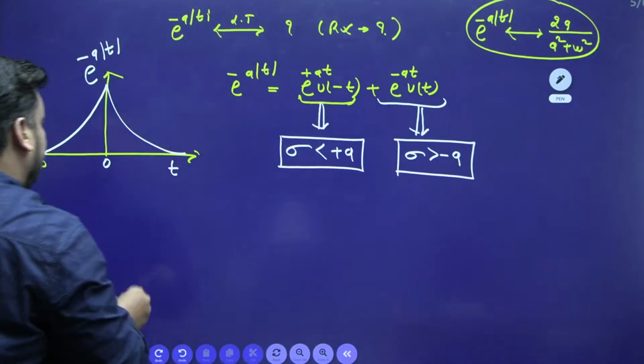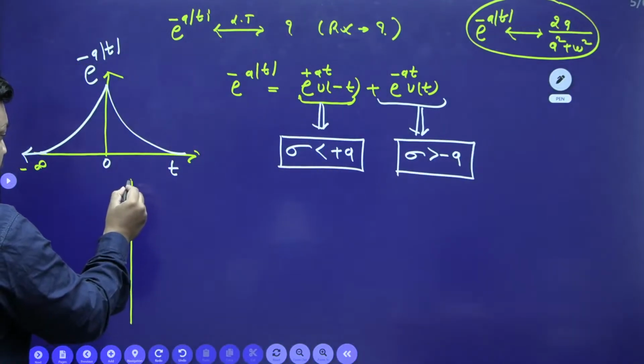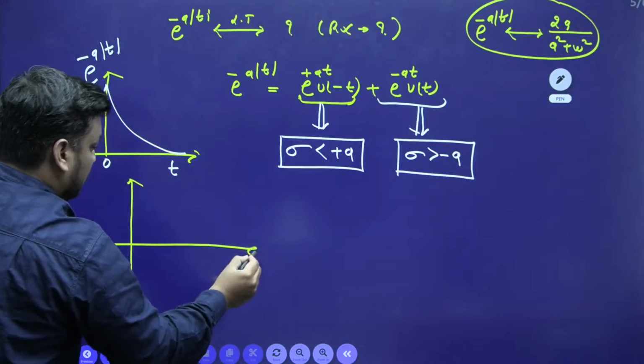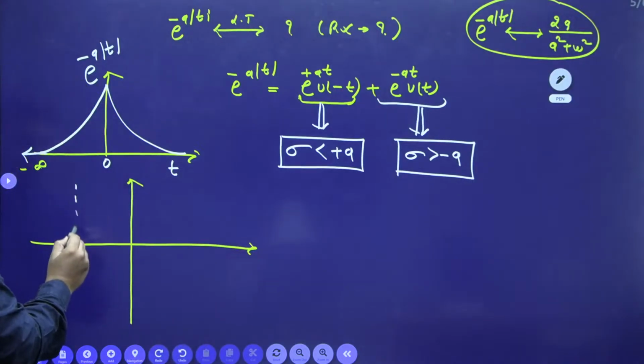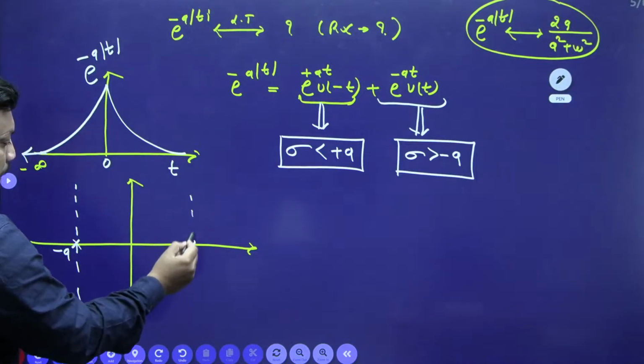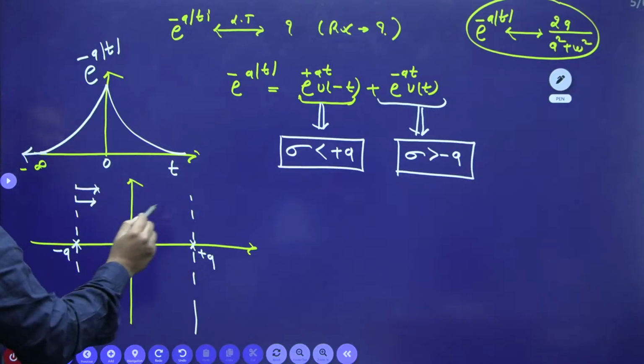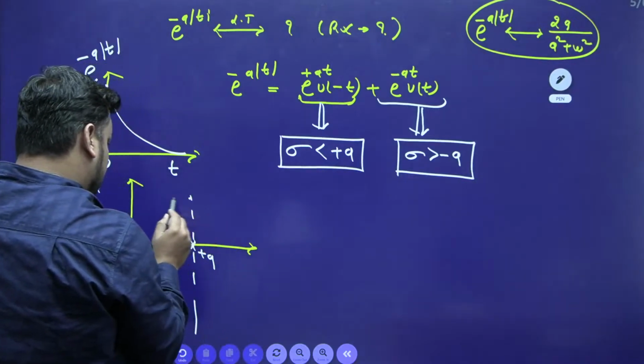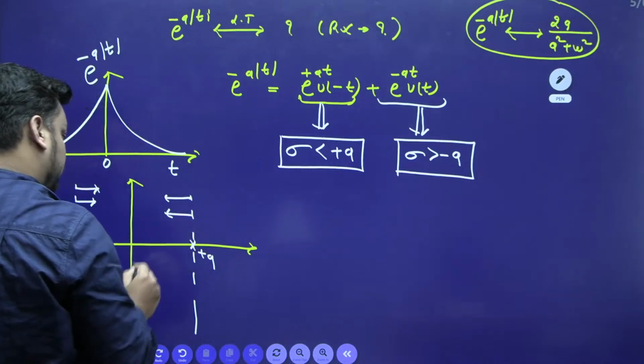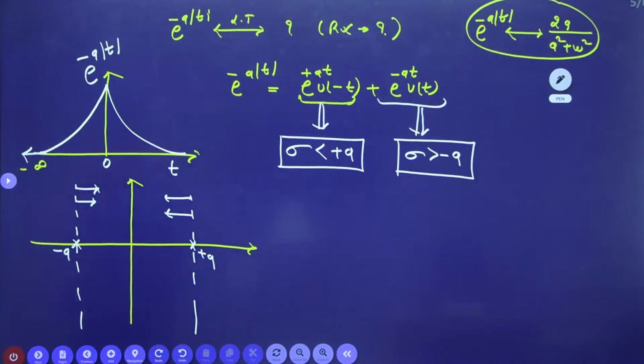If I make the S-plane diagram, one pole is at minus a and one pole is at plus a, and the ROC is sigma greater than minus a and sigma less than plus a. Is this clear, beta?